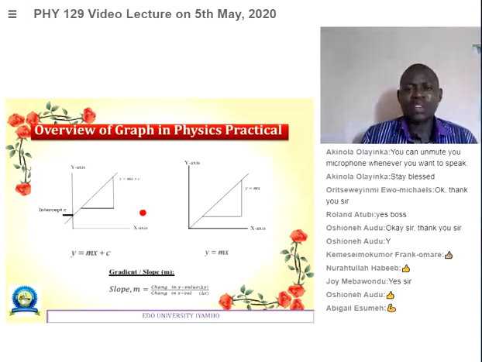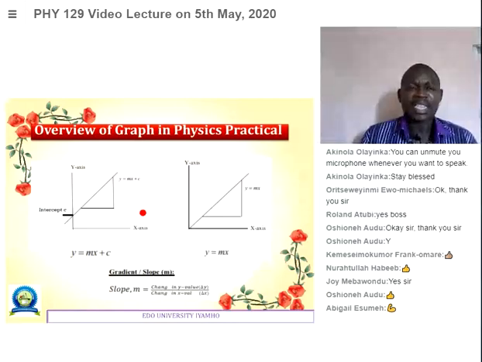But as a quick review, for those of you who might still not be familiar with what each of these is all about, I'm going to take my time and explain as much as possible for better understanding. When we talk about a linear graph, we are talking about a straight line graph.